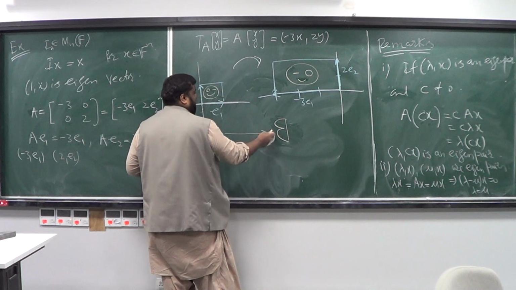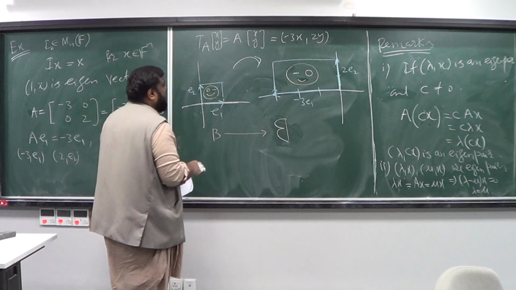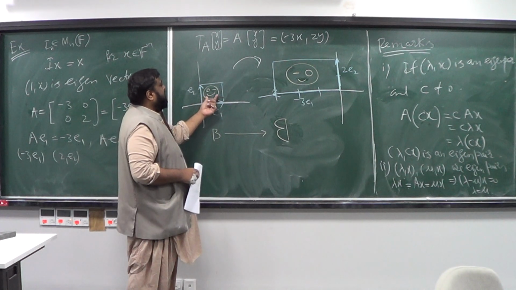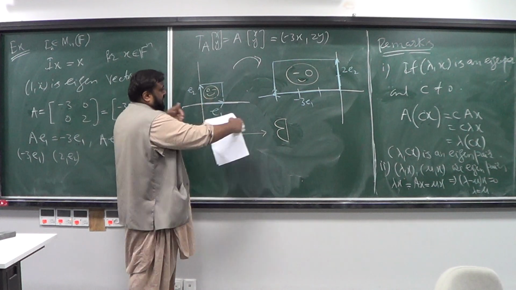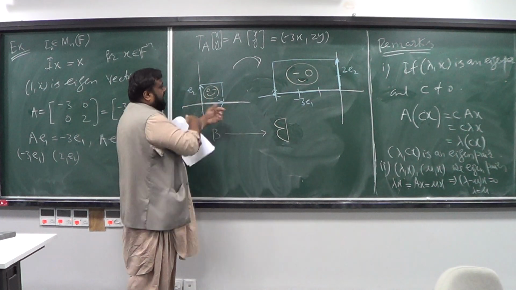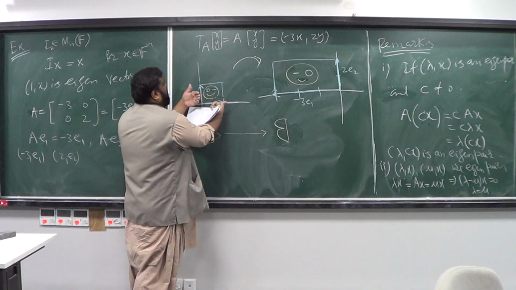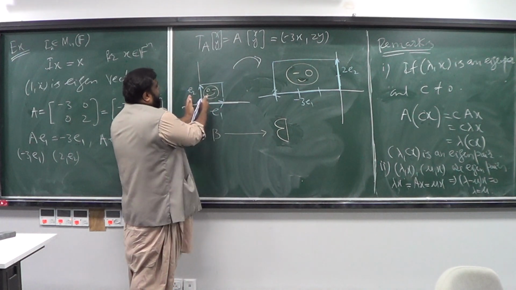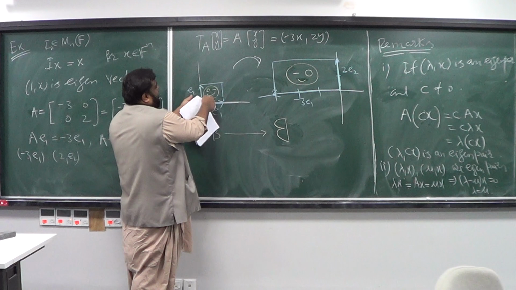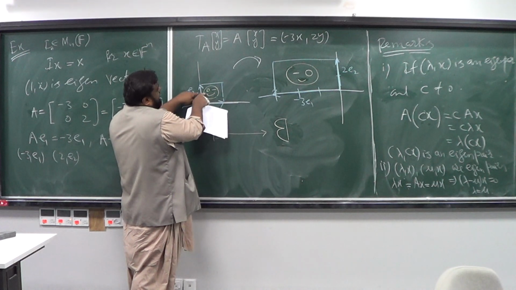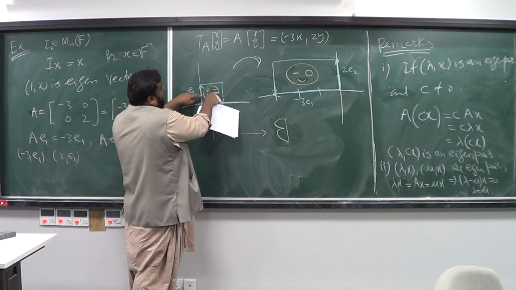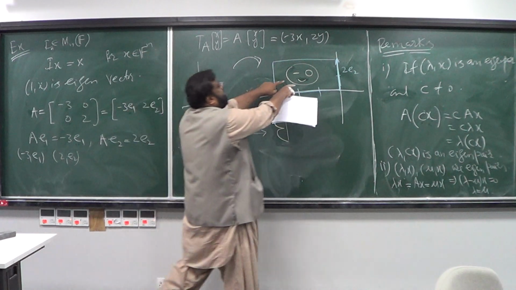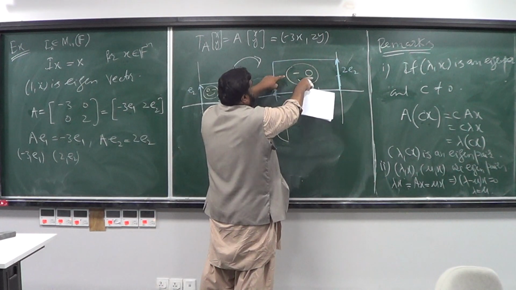So this would be stretched thrice horizontally, and flipped. The minus shows that it is just flipped, then stretched horizontally thrice. The diameter of this is 1/3 of the diameter of this, or this is 3 times the diameter of this.